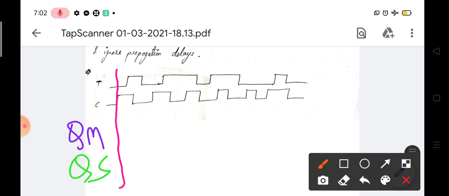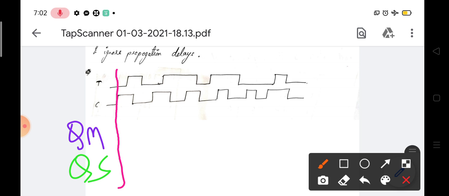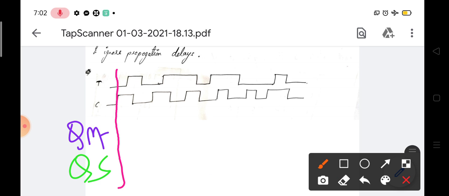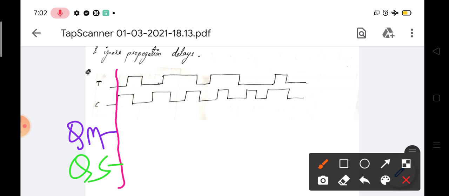Up till here, in the question it is said that initially you can assume the output is 0. So initially we'll assume the output is 0.